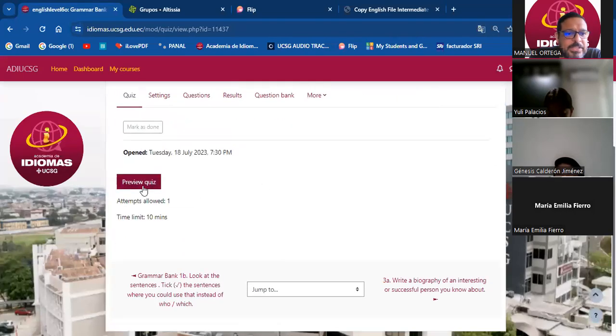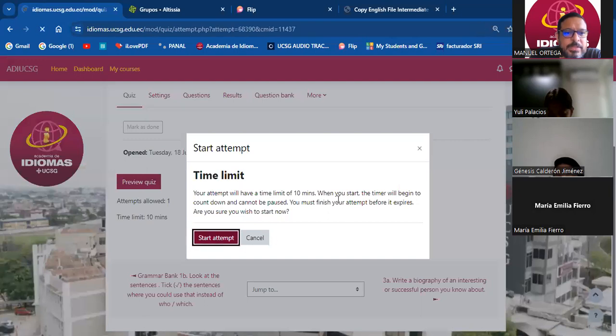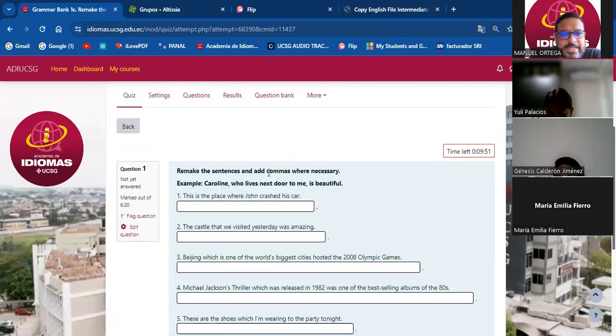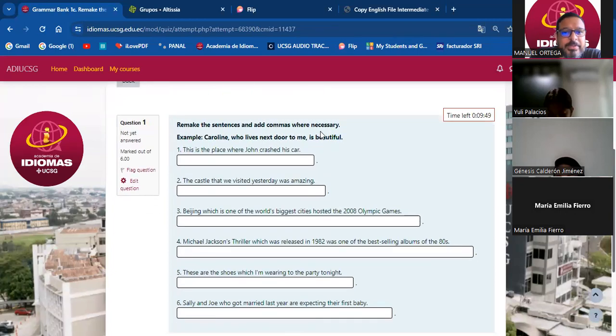Grammar Bank 1C. I start my attempt. Remake the sentences and add commas where necessary. Number one.